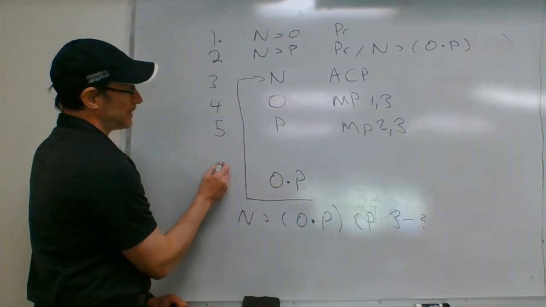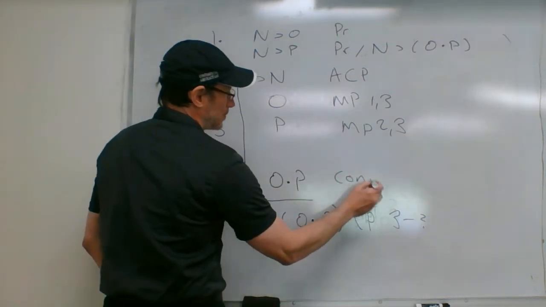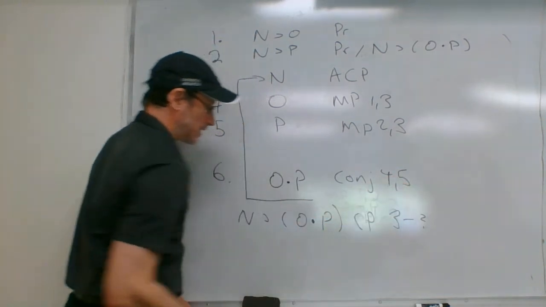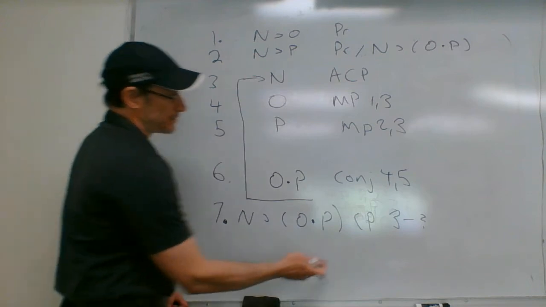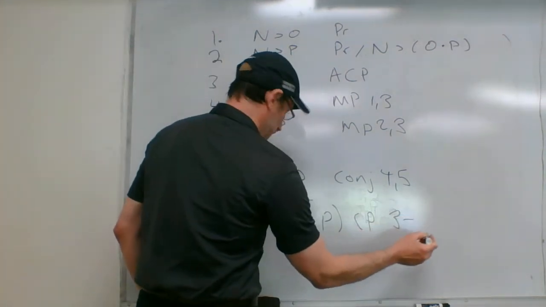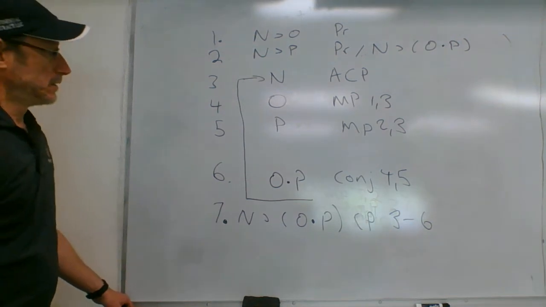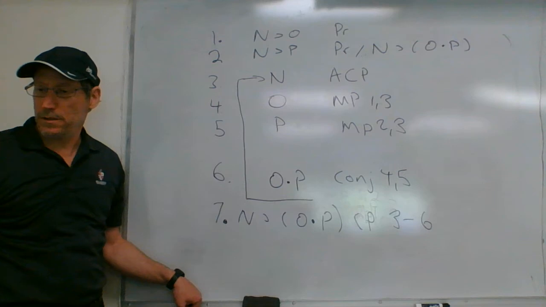I hope so. So now 6 is just conjunction. Conjoin 4 and 5, you get O dot P, and now 7 is the final step, conditional proof on 3 through 6. So that's how you do number 1.